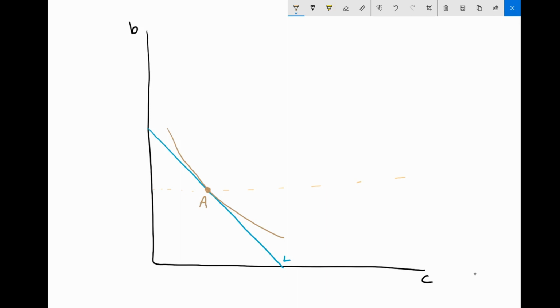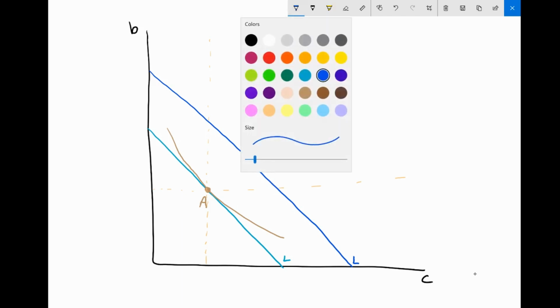I'll explain this in a minute. Okay, now we're going to say income goes up. So if income goes up, the budget line is going to shift outwards. So I have a second budget line. And now I'm going to illustrate the types of goods using this graph.